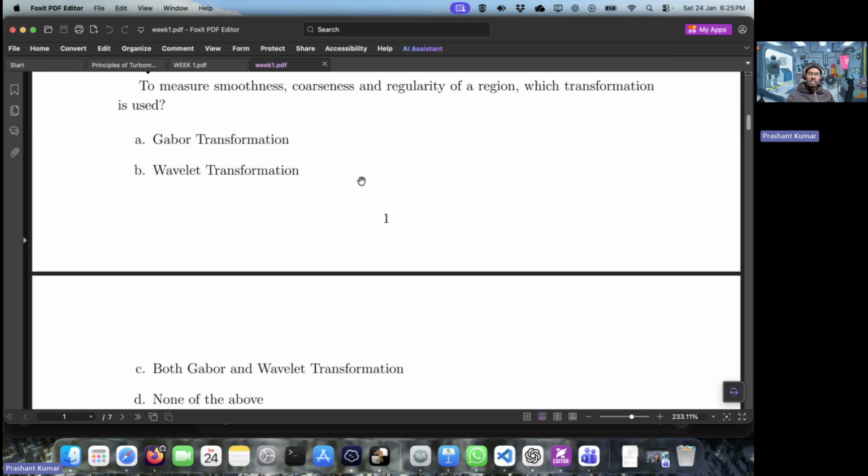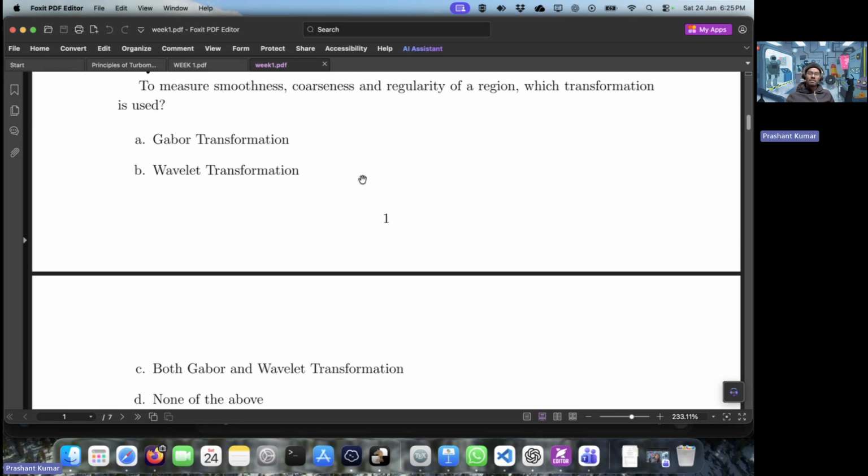Basically, you locally window the part and find the waves, the different wavelengths in those windows, and that tells you about the regularity. If in each window different frequencies are available, then you can say it is irregular.